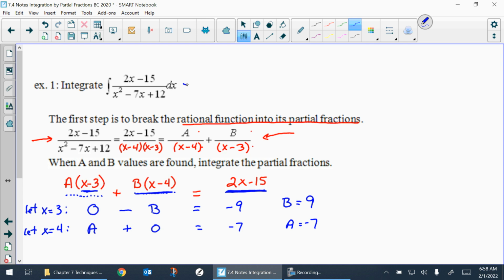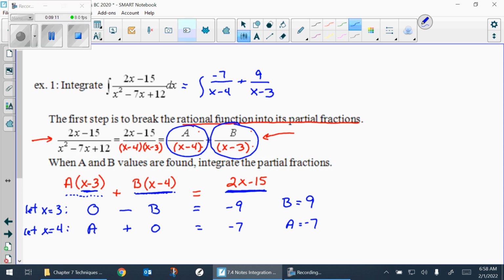So this integral right here becomes the integral of partial fractions: A over x minus 4, negative 7 over x minus 4, plus b over x minus 3, plus 9 over x minus 3, dx.